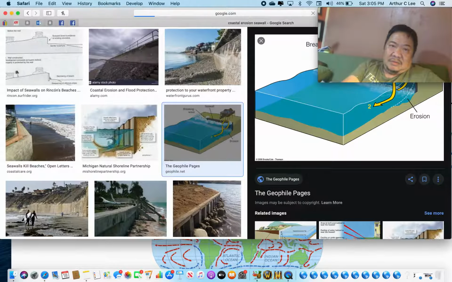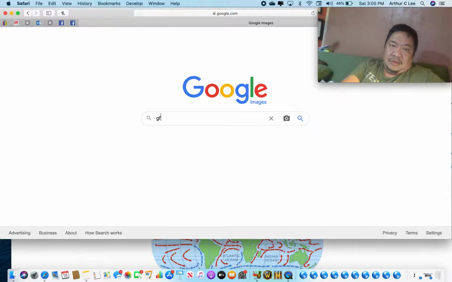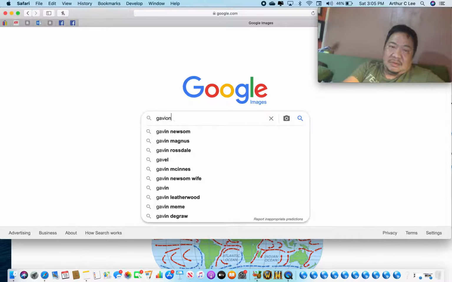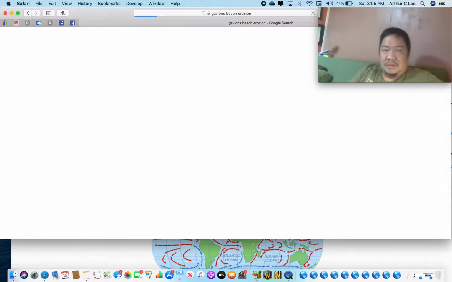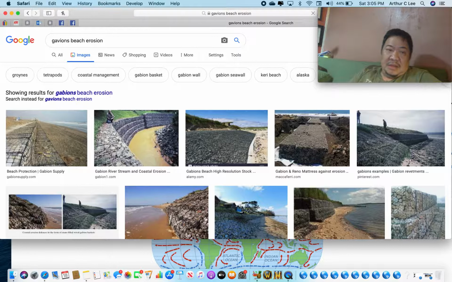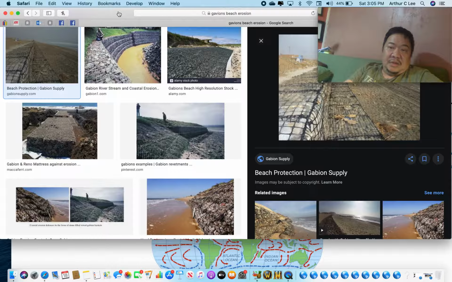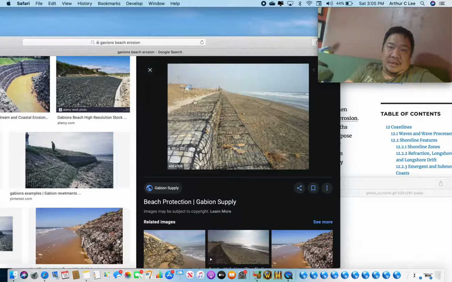Well, you can use gabions. Okay, now what gabions are is you can see here's a beach and here's property here.